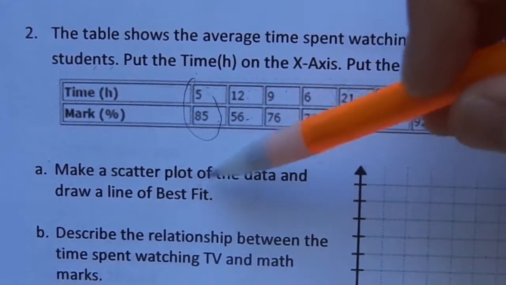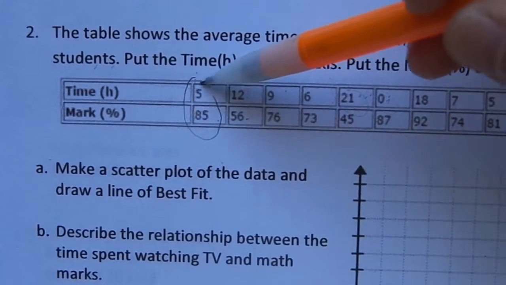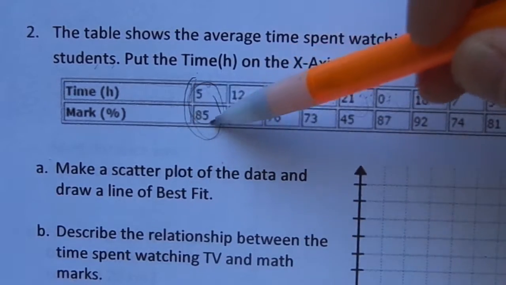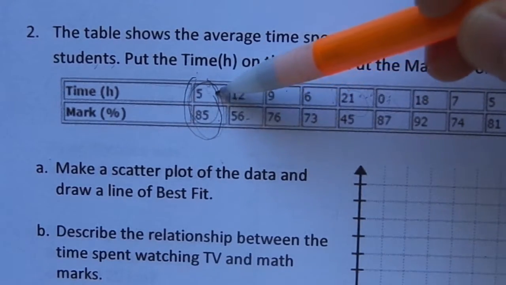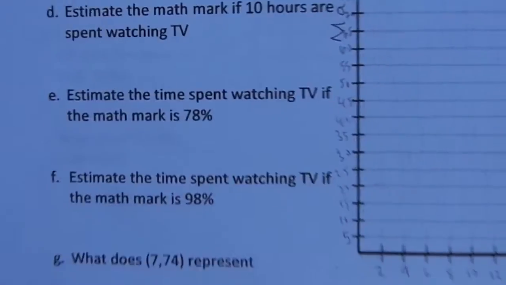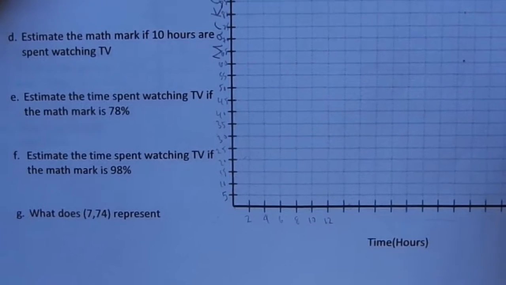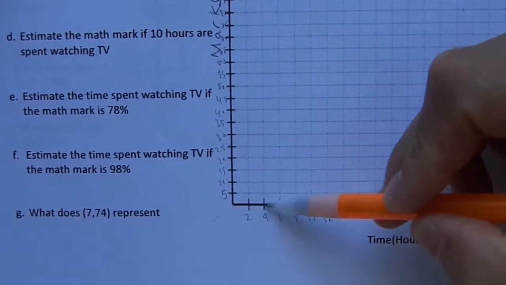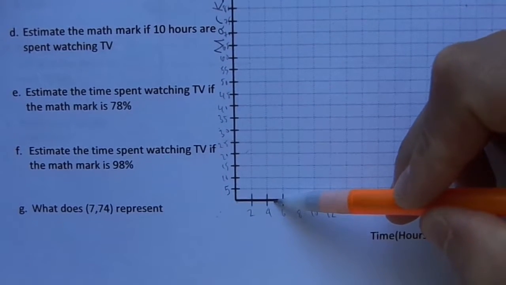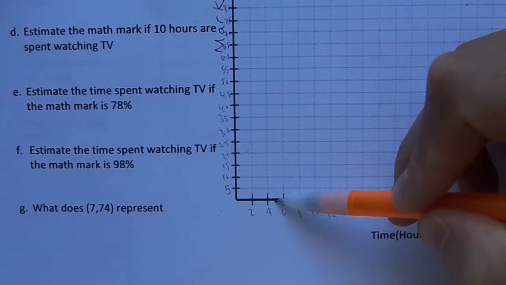Now it says make a scatter plot of the data. So using that point there, I'm going to make a scatter plot. So the first point will be 5, 85. So 5 representing the time in hours, 2, 4, 5 would be about there, and their mark is an 85.